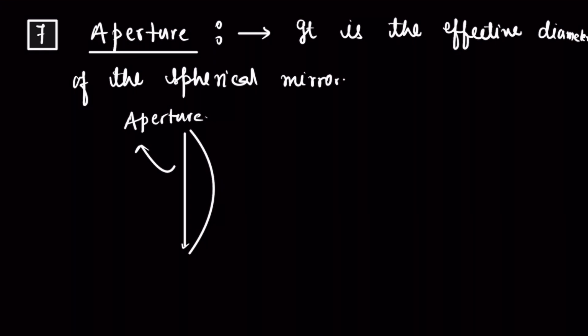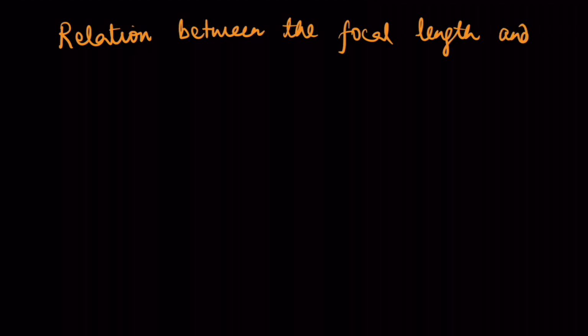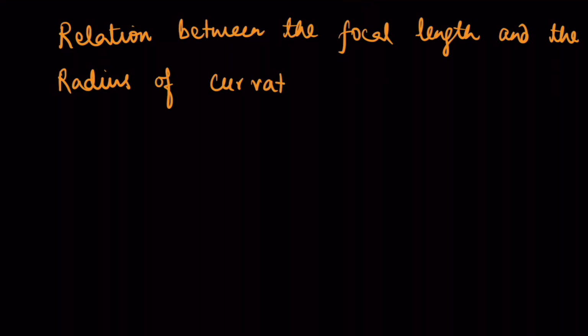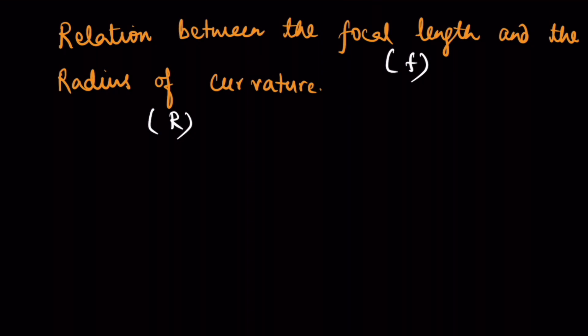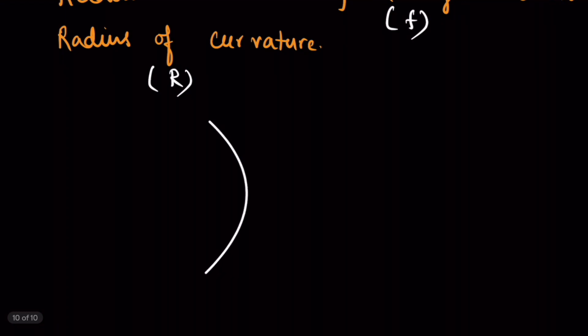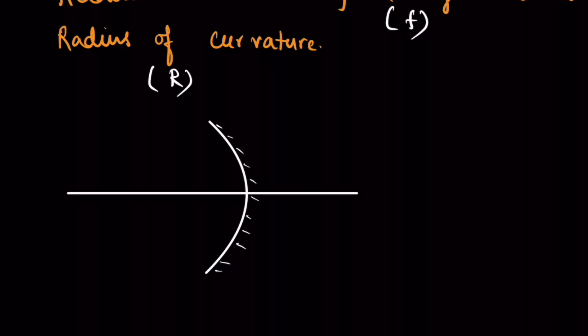Then we can move to the relation between the focal length and the radius of curvature. Focal length is represented as a small f and radius of curvature is represented as capital R. So see what we noticed here. This is our concave mirror. This is the principal axis. Here is the pole.